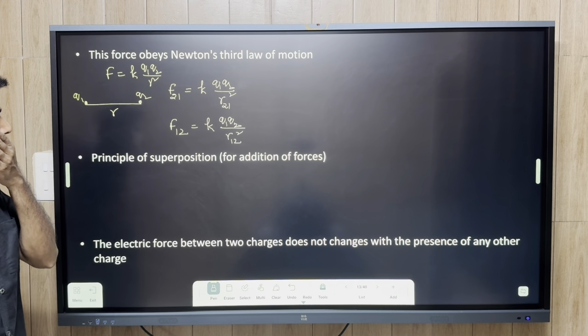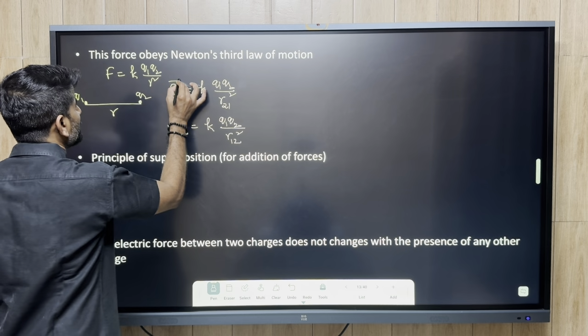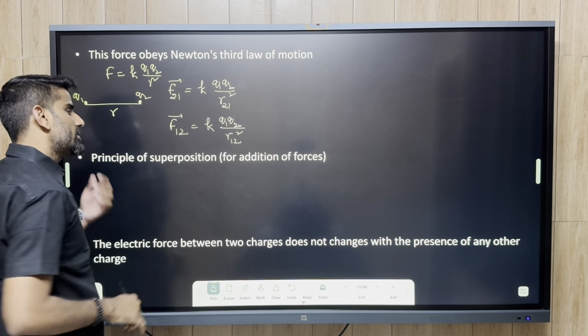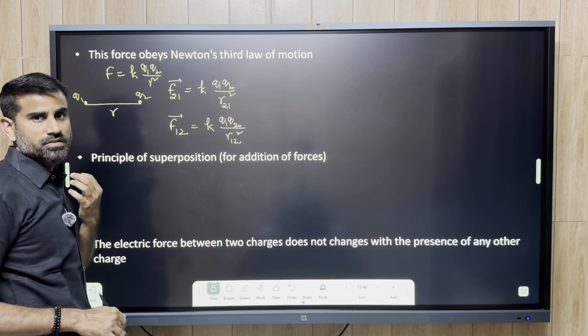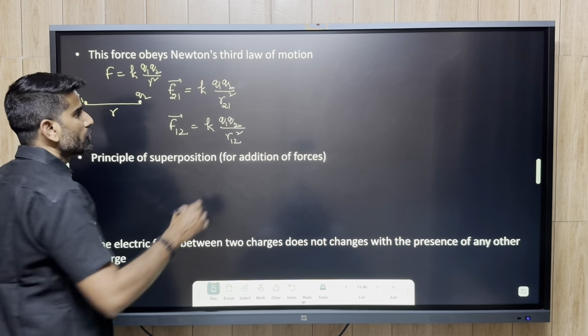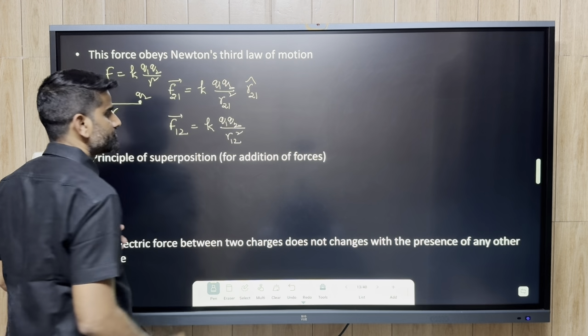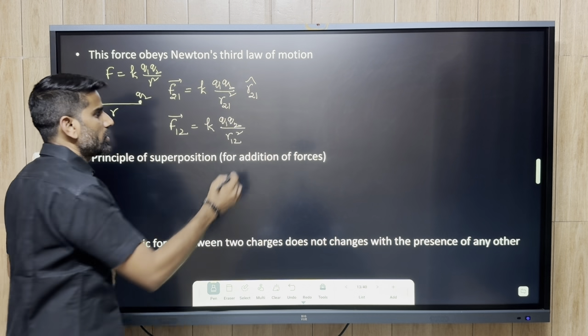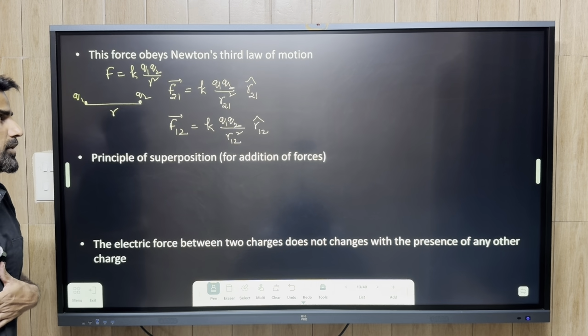If I want to write these expressions in vector notation, I can simply multiply the entire equation with a unit vector. In which direction? In the force direction itself, right? So in the force direction means R21 unit vector, and for this one it should be R12 unit vector.